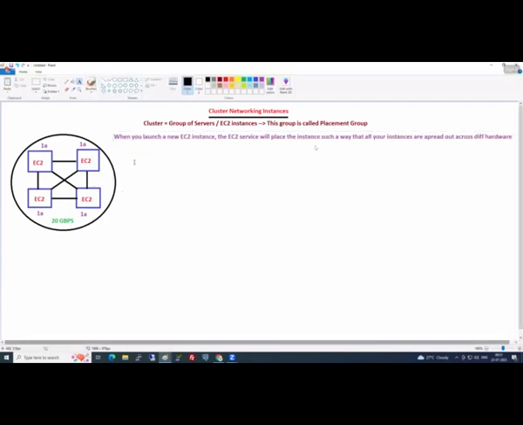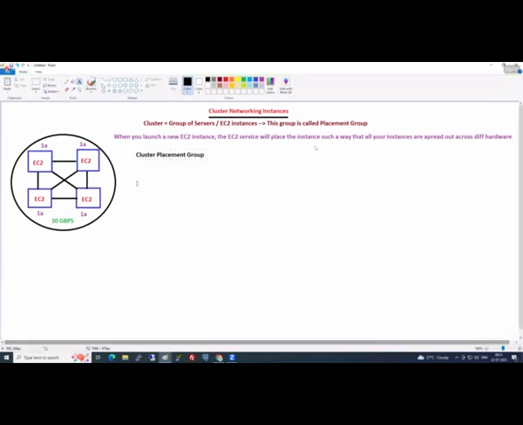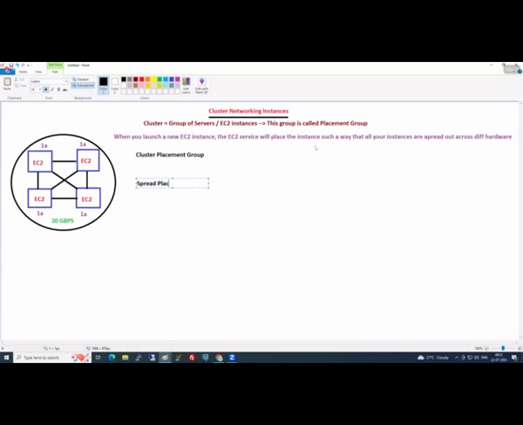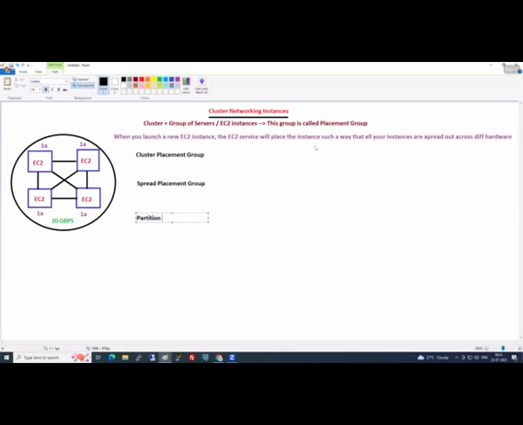So we have 3 types of placement groups: the first one is cluster placement group, next one is spread placement group, and then partition placement group.